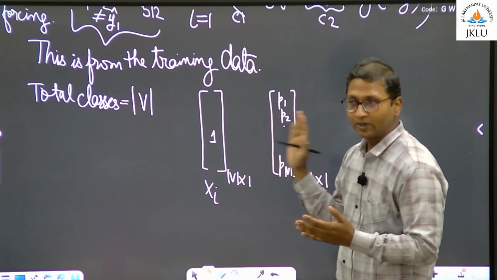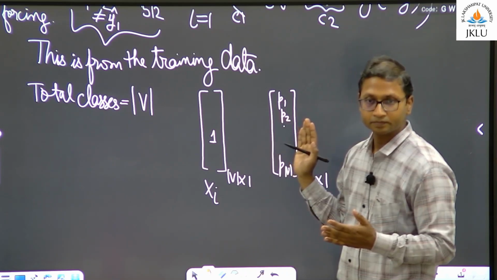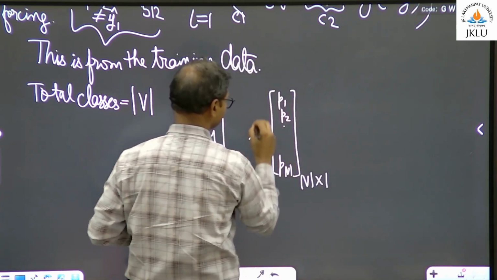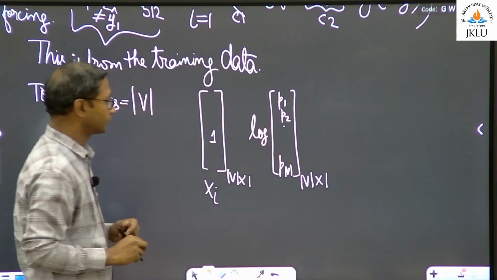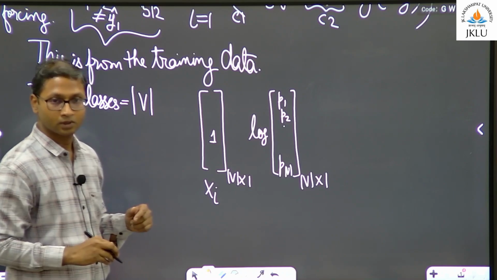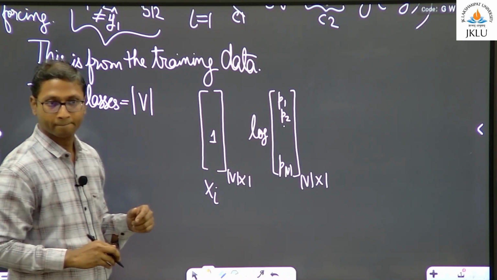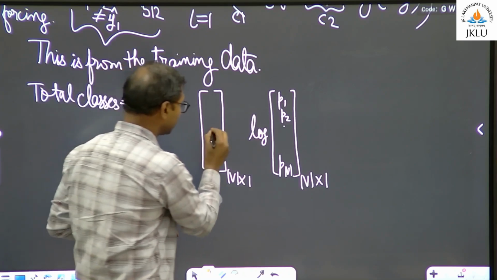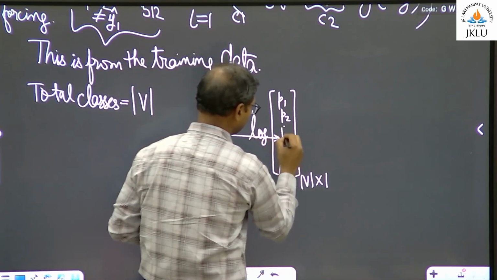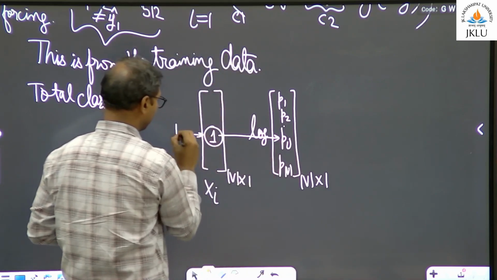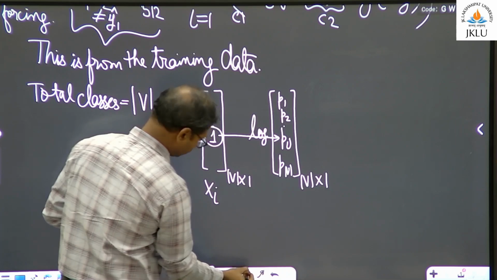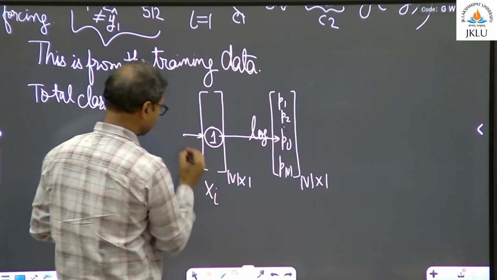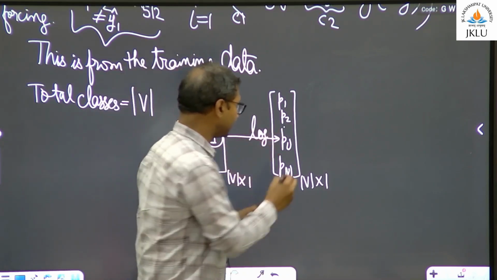Now, how do you multiply things? So, take log of this. Dot product you can take if you want to. So, only this guy will multiply with the corresponding pi here. So, if this is my ith place, I will get multiplied with just pi.